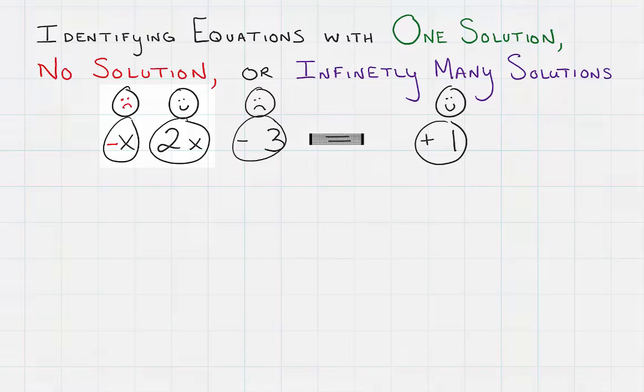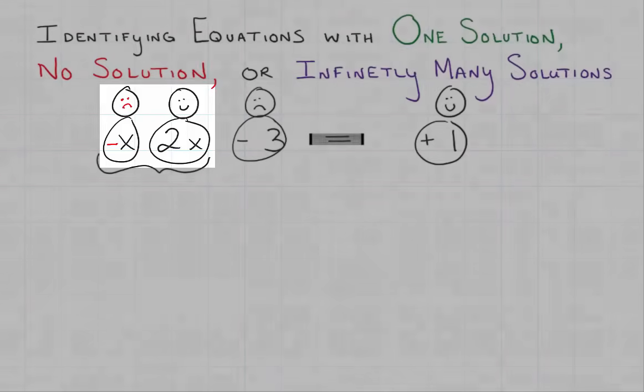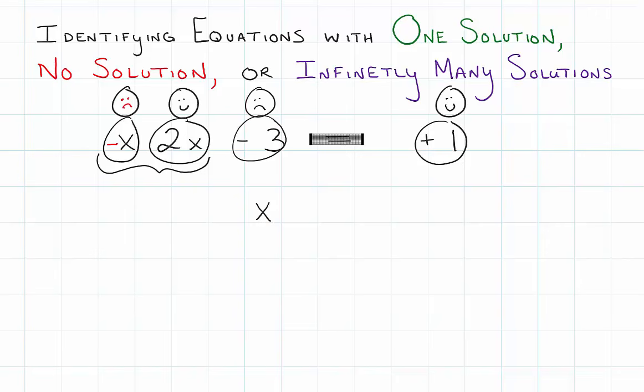Okay, so if I combine these two terms together, I have more positive x's than negative x's. I have one more positive x, and so I could write it as x or just 1x. Either way, it doesn't matter. I'm going to leave it as x, because x by itself is just one single x.